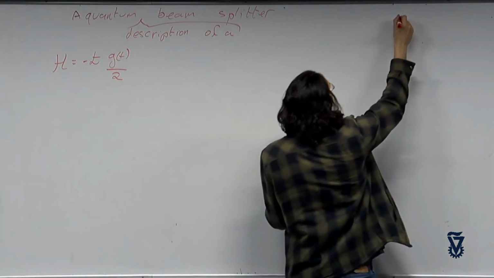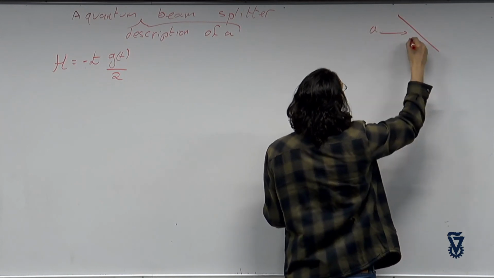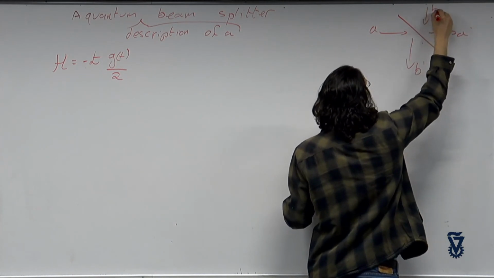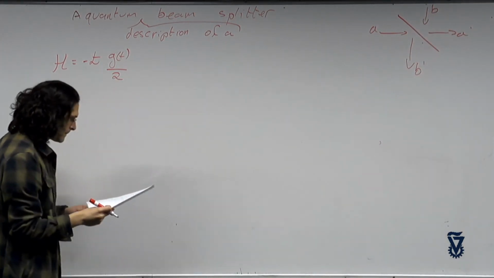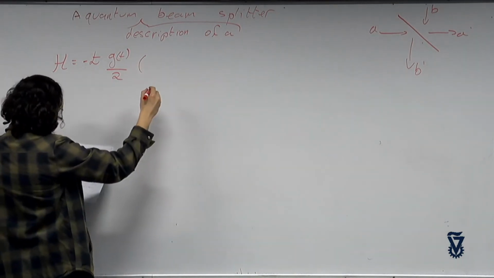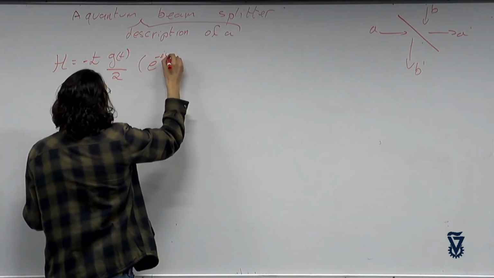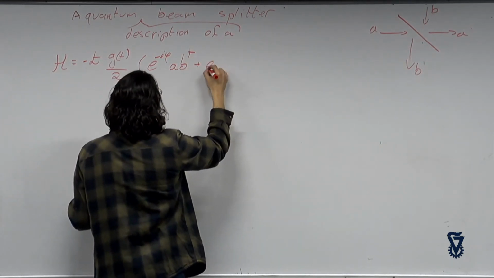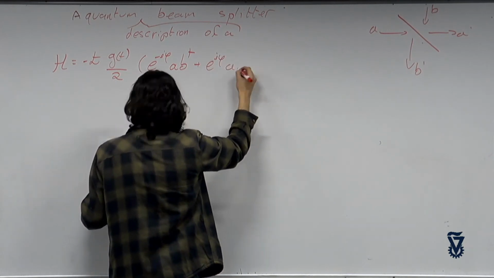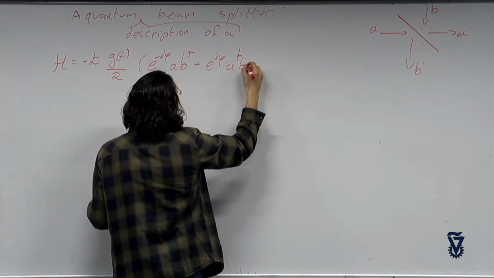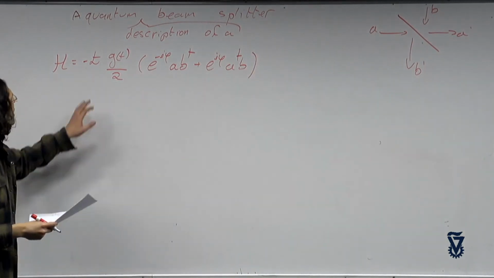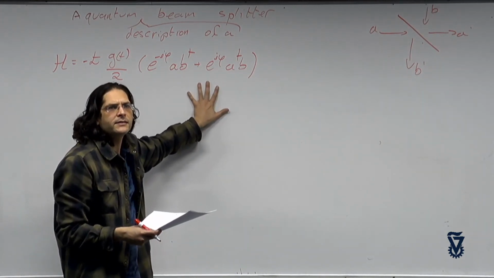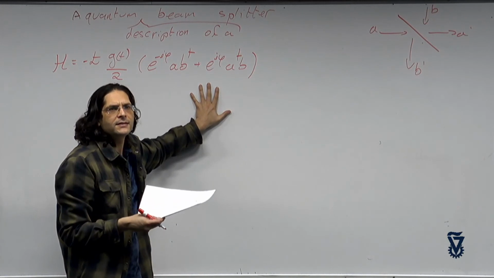Maybe I'll write here. Remember, we have A, this is B prime, A prime, and this is B. e to the minus i phi A B dagger plus e to the i phi A dagger B. And what you can see this Hamiltonian does is it basically mixes the two modes.